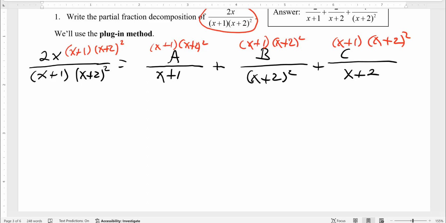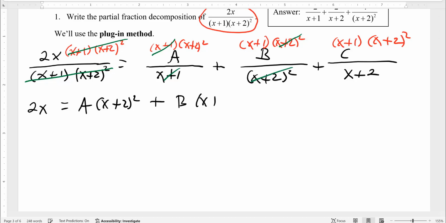On the left side, when we do that, everything just cancels, and we end up with 2x. On the right side, the x plus 1's cancel, and we end up with A times x plus 2 squared. Here, the x plus 2 squareds cancel, and we end up with B times x plus 1.